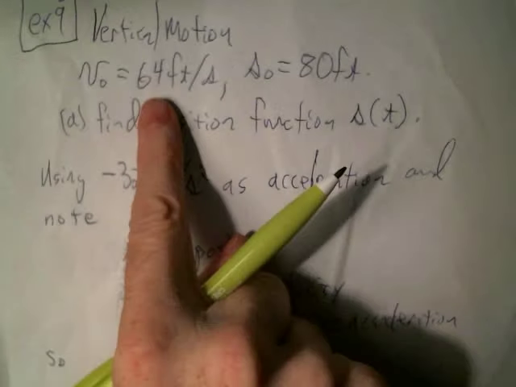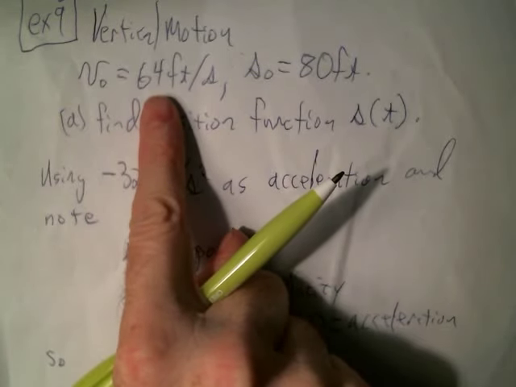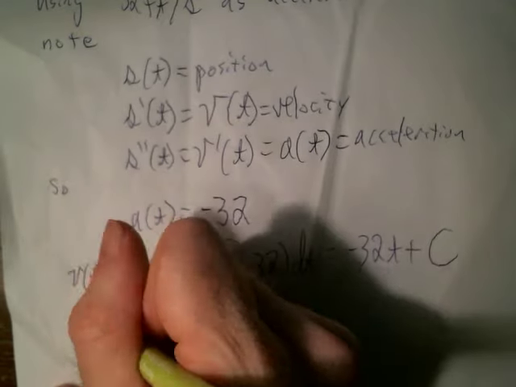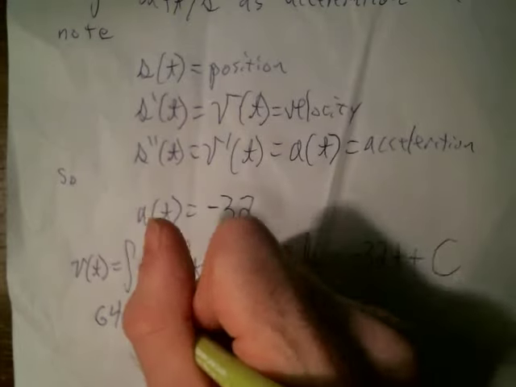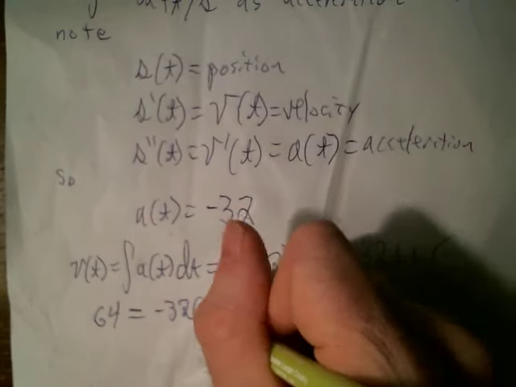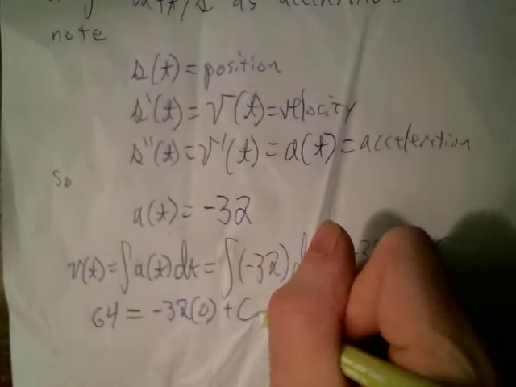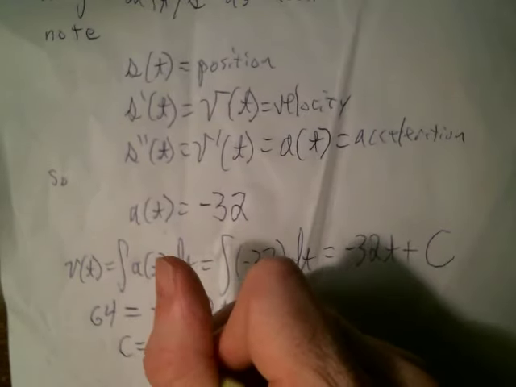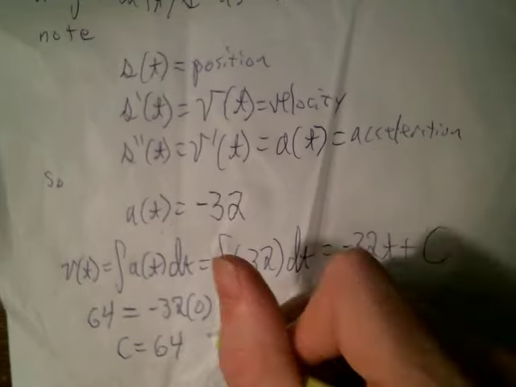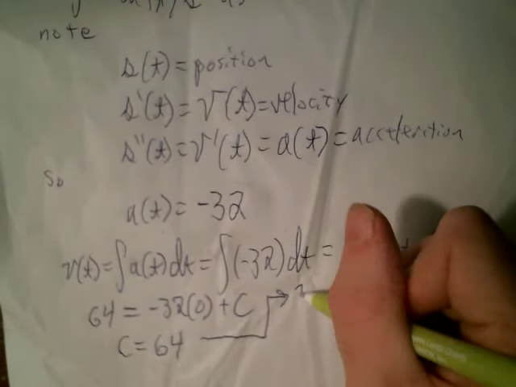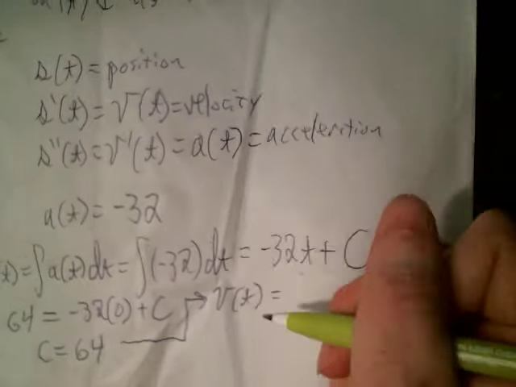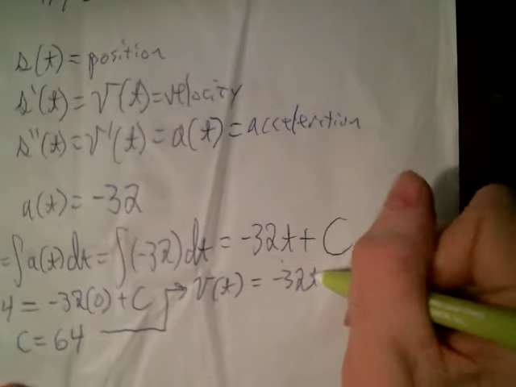This formula here is our velocity formula, and I know my initial velocity is 64 feet per second. So v of 0 is 64. If you plug 0 in for t, you get negative 32 times 0 plus c, so c must equal 64. That tells me, in particular, my velocity function is negative 32t plus 64.